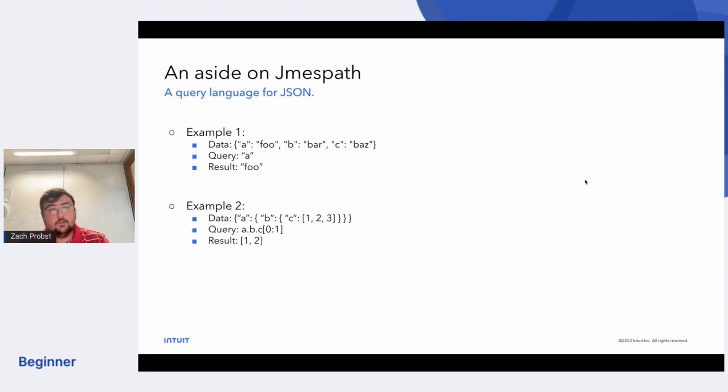Before we continue, I want to do a quick aside on JMESPath because it's going to set us up for the next section. If you're not familiar with JMESPath, it's basically a query language for JSON. I have a couple of examples on the screen, but in general, what JMESPath lets you do is drill deeply into complex JSON structures or documents, and tease out the exact data you need.